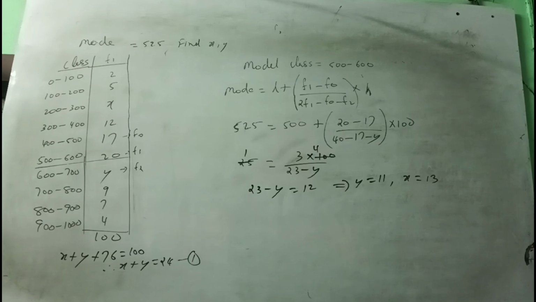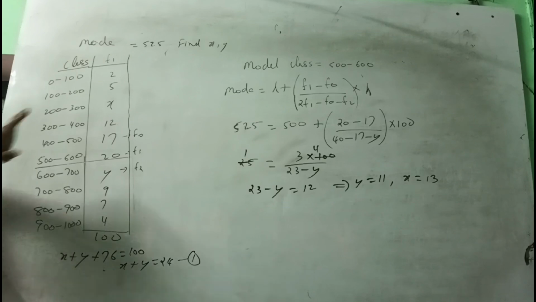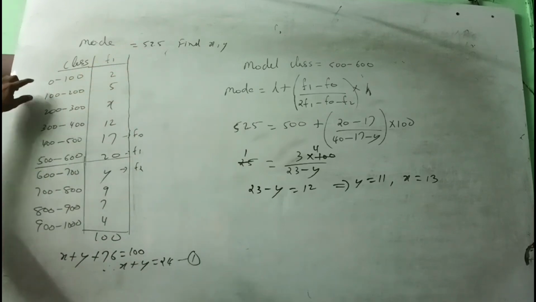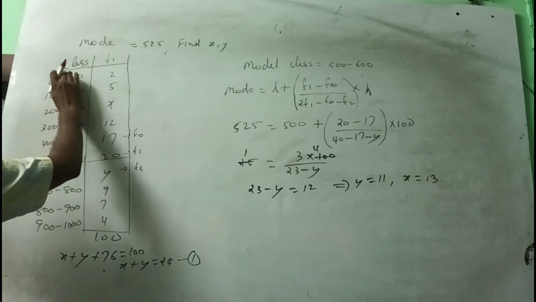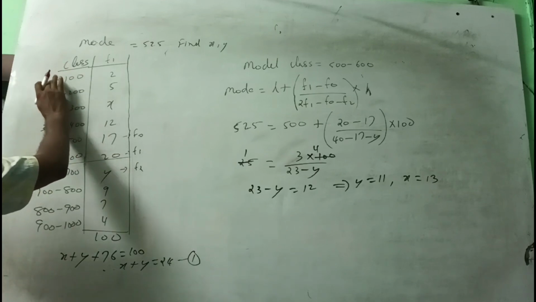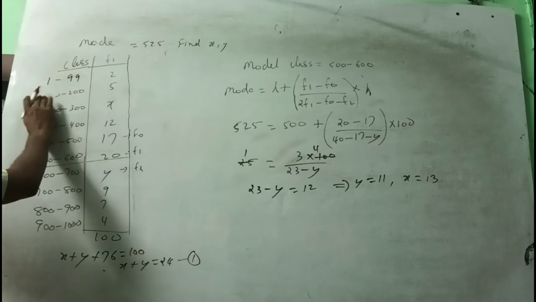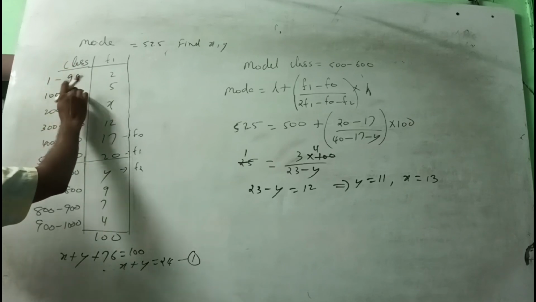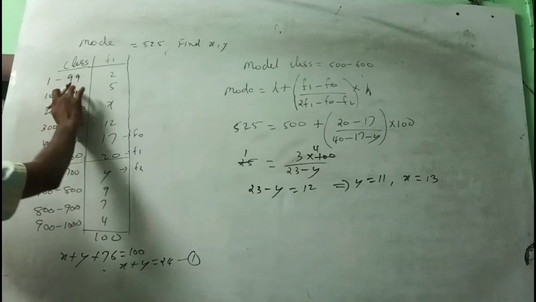Same question I am using for mode also. Suppose the mode is 525, find x and y. Then no new class is required. Make sure that this is in order. In case this is not in order, suppose, only one example I am giving, this is given as suppose 1 to 99, and here it is 100 to 190.